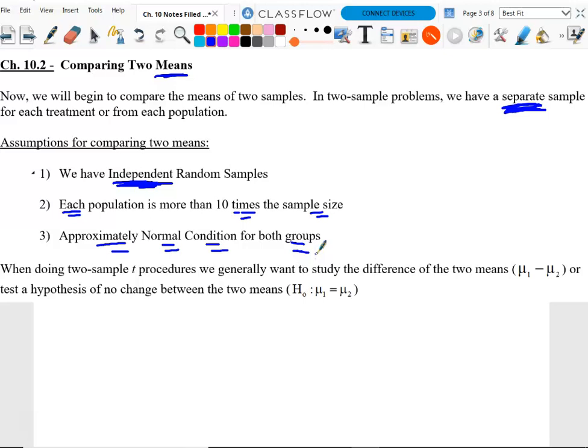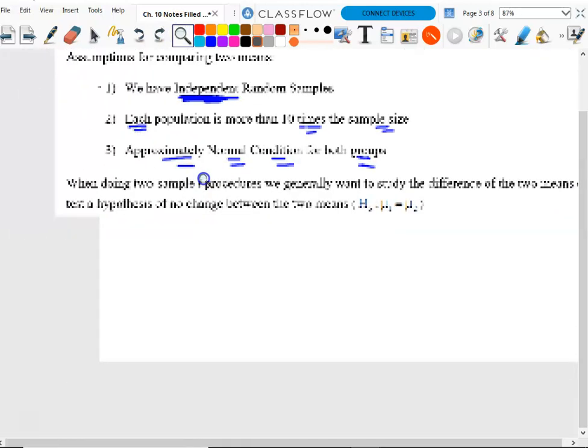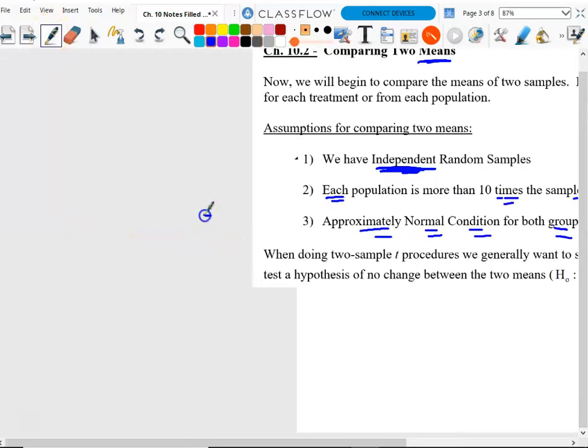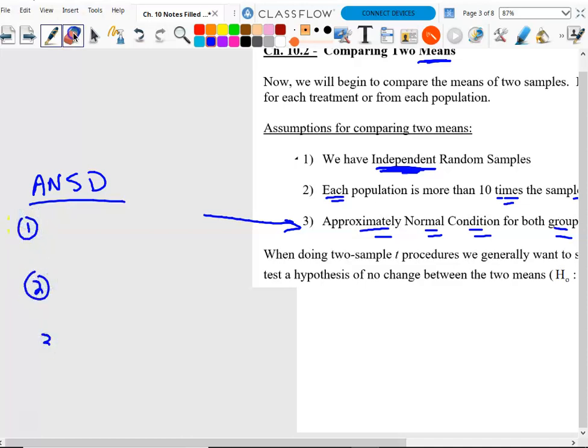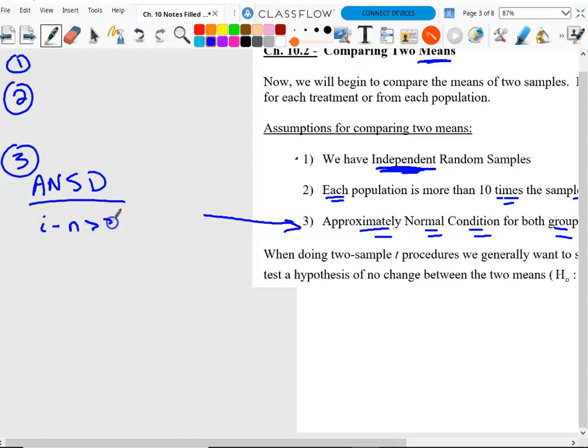So, in t problems, if you remember, we had 3 options for the third assumption. I already wrote ANSD. This is your third assumption. You already checked 1 and 2. In ANSD, approximate normality, we could have n being bigger than 30.